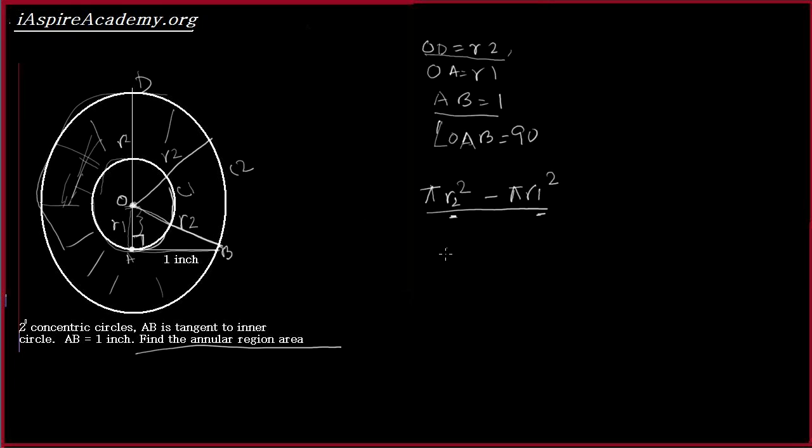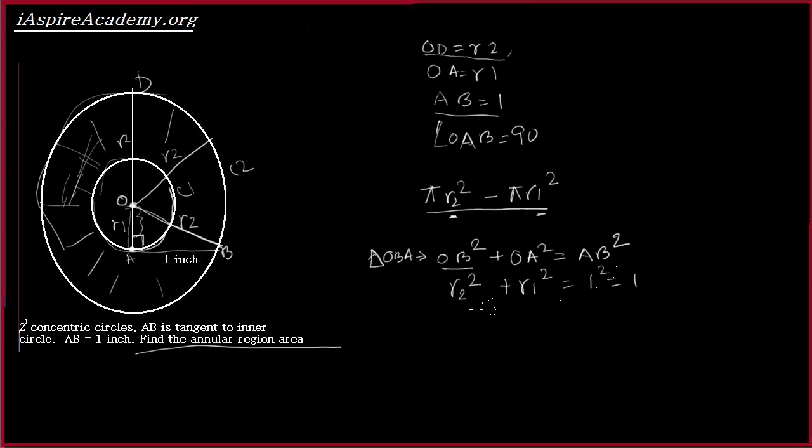In triangle OBA, we have OB square plus OA square equals AB square.